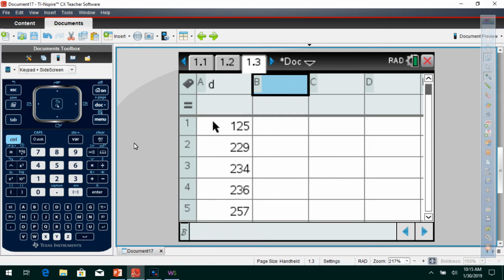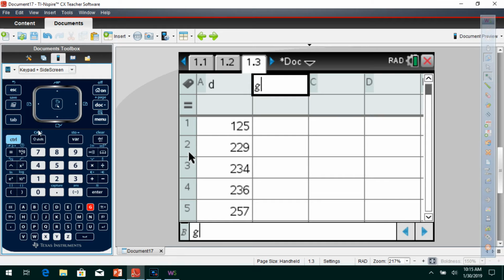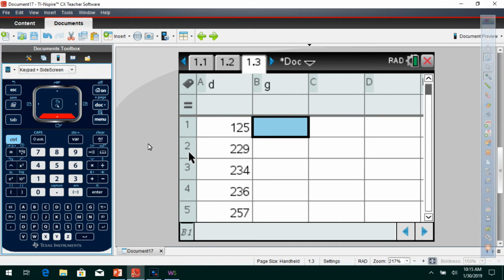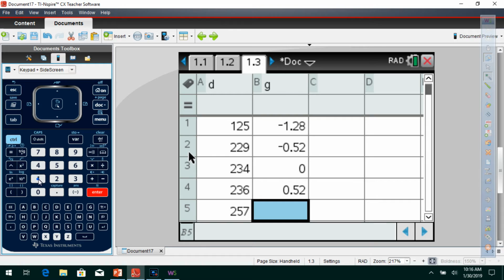All right, and then we'll call this G. And that's going to be negative 1.28, negative 0.52, 0, 0.52, 1.28, and we have our numbers.